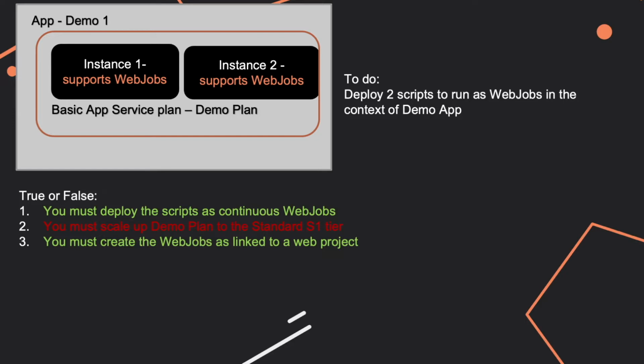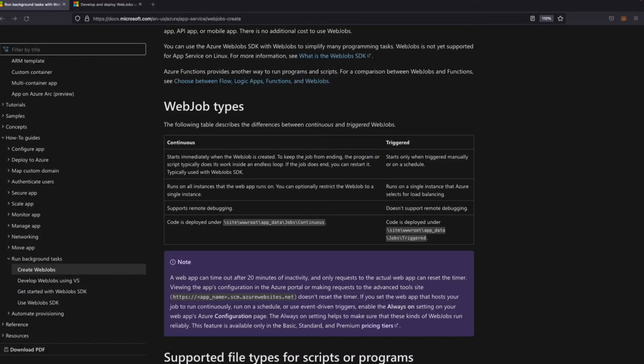And we're going to go to the Microsoft documentation to get more details on this. For the first question, we have a table here that compares continuous web jobs and triggered web jobs.